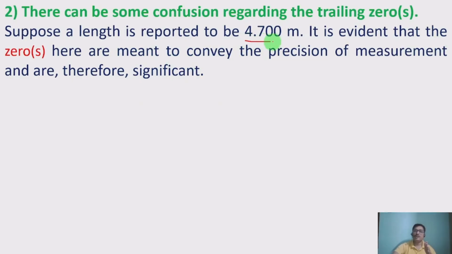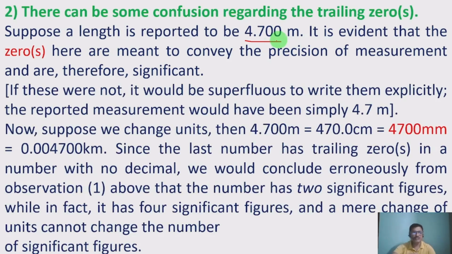As we know, according to the fifth rule, these zeros are significant, and they convey the precision of measurement. If these were not significant, they would be surplus. To write them explicitly, how can we write them?